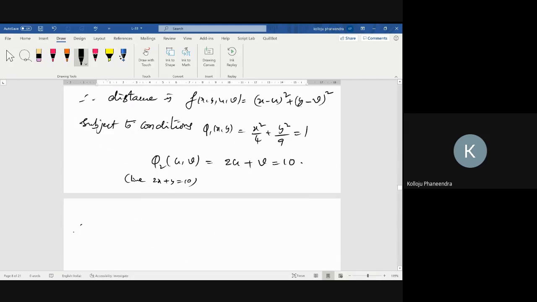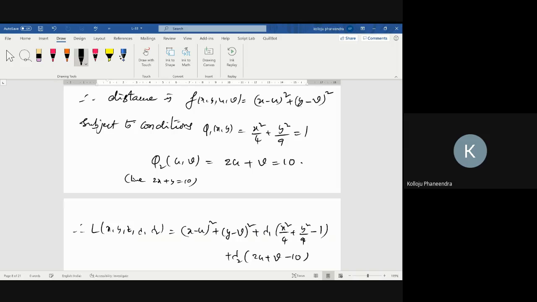Therefore L becomes a function with 2 parameters, the distance (x minus u) whole square plus (y minus v) whole square plus lambda 1 into the first condition minus 1 plus lambda 2 into the second condition 2u plus v minus 10.